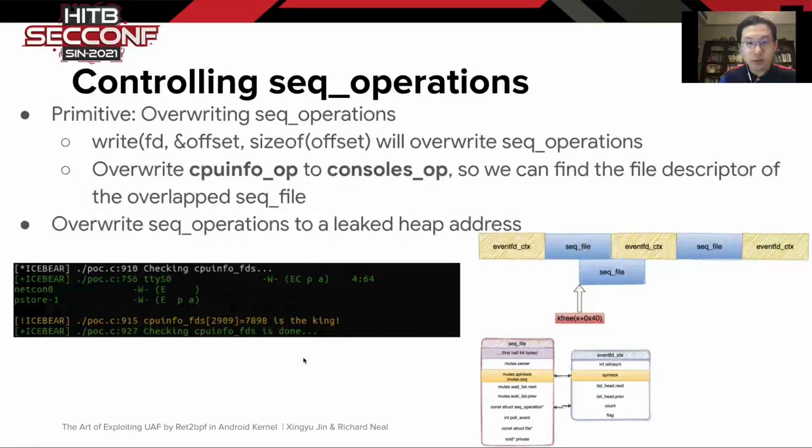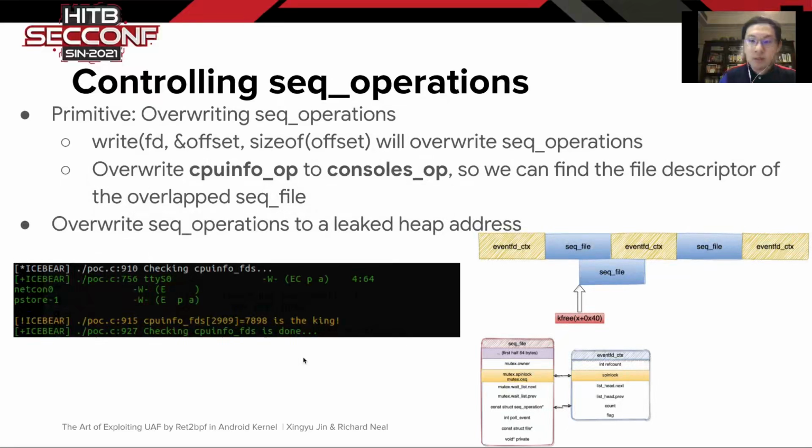But since we have a lot of file descriptors that opened cpuinfo, the question is how we can find the file descriptor of the overlapped seq_file object. My solution is to override the cpuinfo operation with a console operation, and then read data from every file descriptor. Then we may find the corresponding file descriptor, because one of them may print something different.